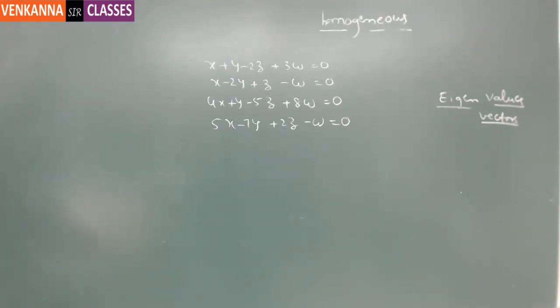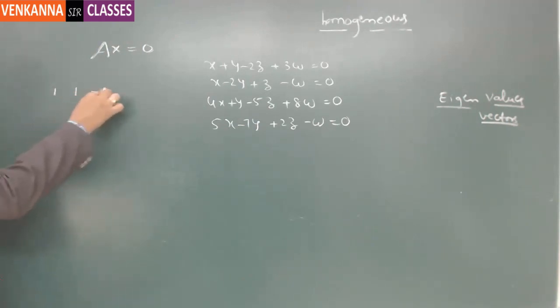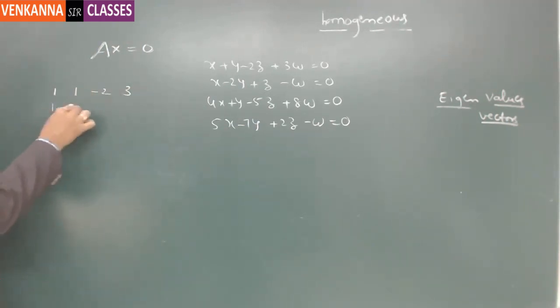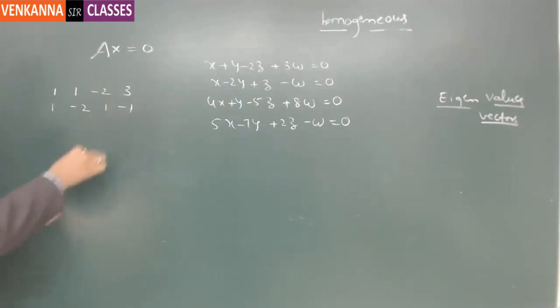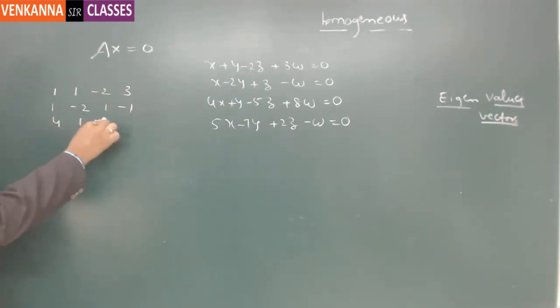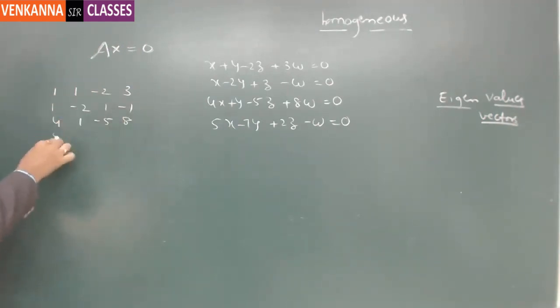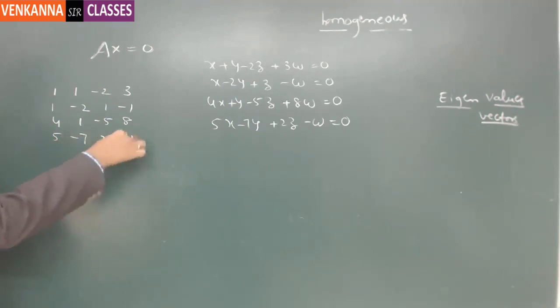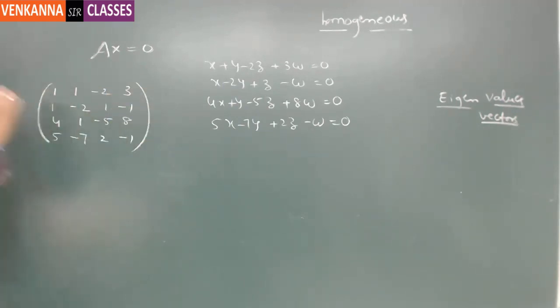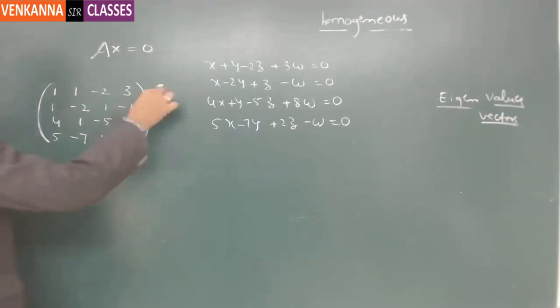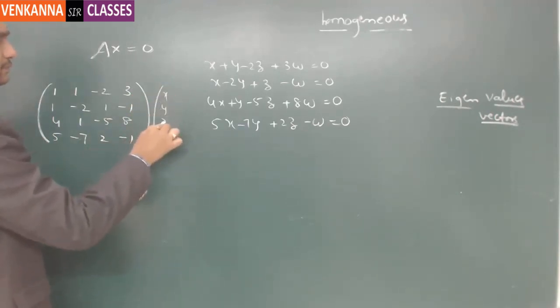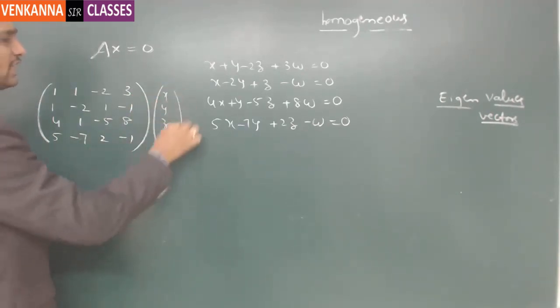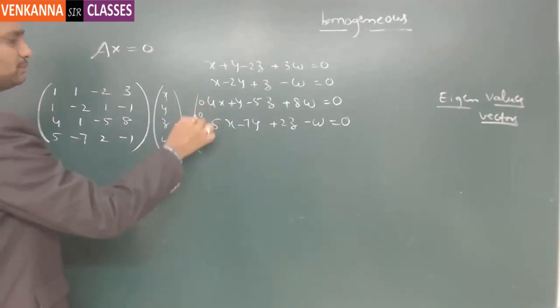So let us write the equivalent matrix system, that is Ax equal to 0. It will be the matrix with rows 1, 1, minus 2, 3; 1, minus 2, 1, minus 1; 4, 1, minus 5, 8; 5, minus 7, 2, minus 1, and the variable matrix x, y, z, w, which equals 0, 0, 0, 0.